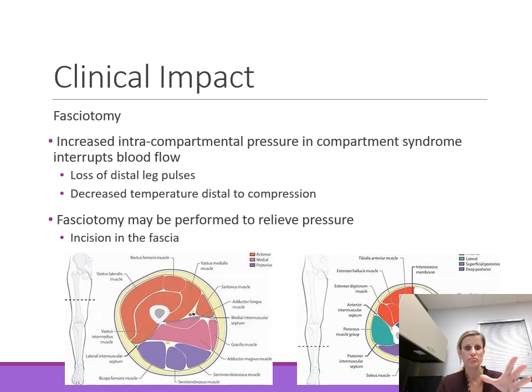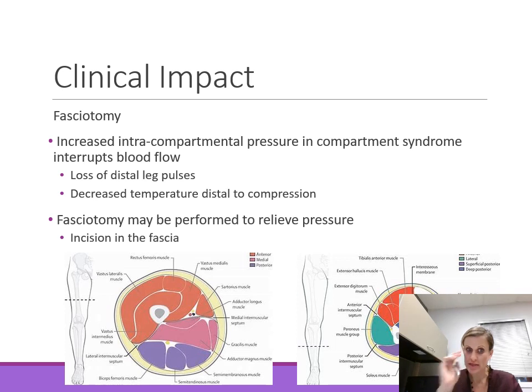Again, because blood flow has been interrupted, you won't feel pulses distally in the leg, past or distal to the compression of the vessels. Also, a decreased temperature distal to the compression of the vessels. And lack of blood flow means that the temperature will cool.